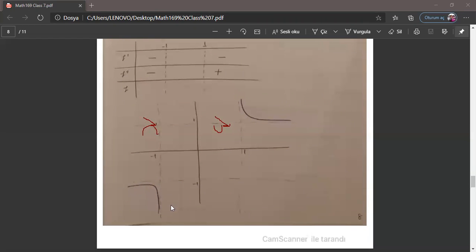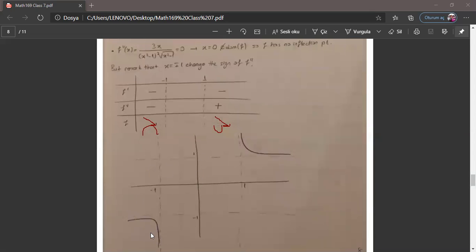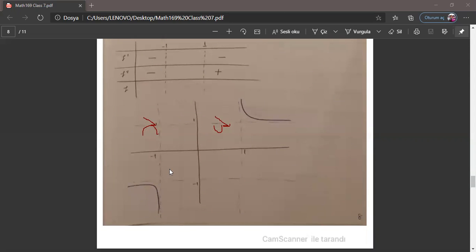Okay, do the same thing for this part. As the function is not defined on the interval between minus 1 and 1, we don't have anything here. The graph of the function looks like this, as it's not defined on this interval. So we're done with this one.